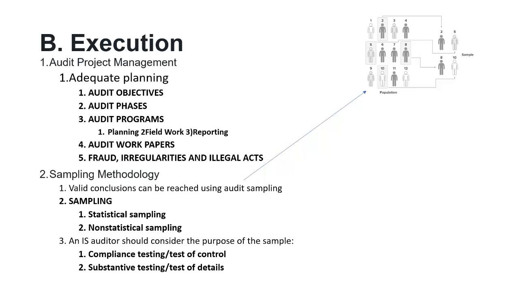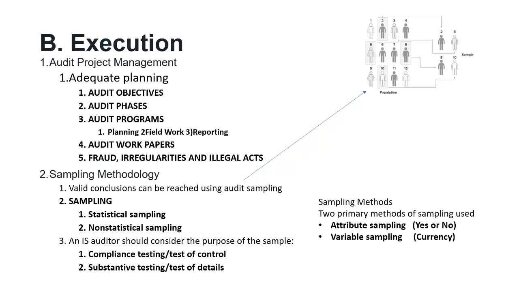But the question is, how do we drive this compliance and substantive testing? Whenever we pick a sample, in the sample we check variables and so on. So we have two primary methods of sampling: one is attribute sampling and the other is variable sampling. Attribute sampling deals with data in attribute form, where the result either conforms or does not conform, and it is applied in compliance testing.